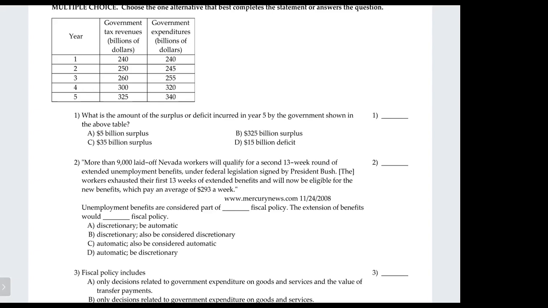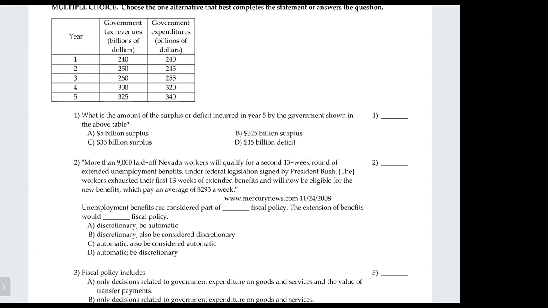Question one: what is the amount of surplus or deficit incurred in year 5 by the government shown in the table above? So in the table, look at year 5. Government tax revenue is 325 billion. Government expenditure is 340.